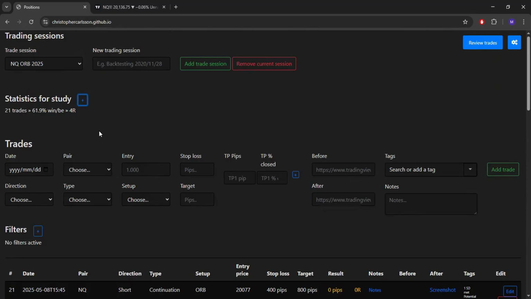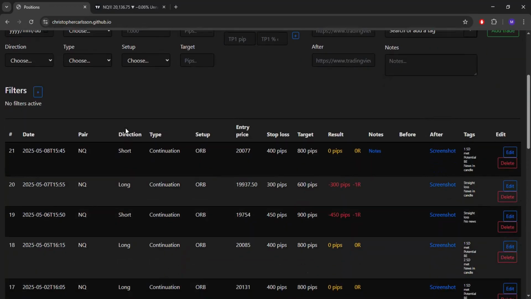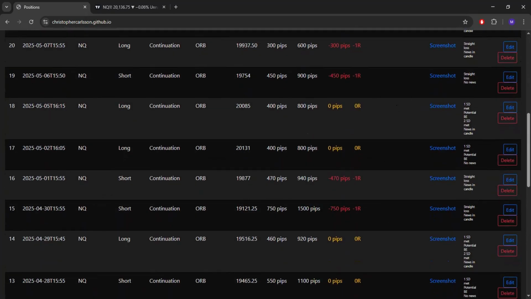Idea number 2 was, let me see what happens when we trade with no news, and what happens when there was news, right? So I started to go through Forex Factory, just noting. This is the important thing.